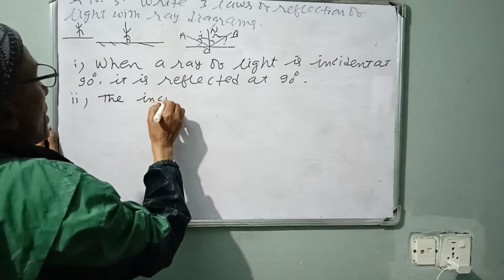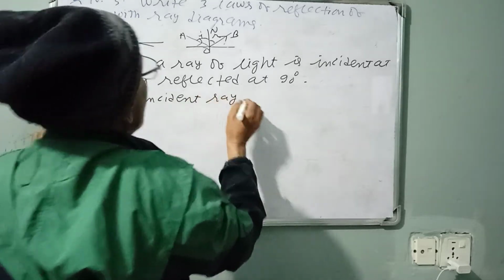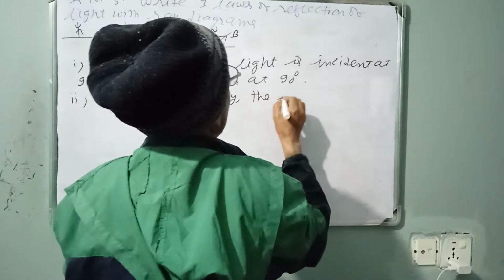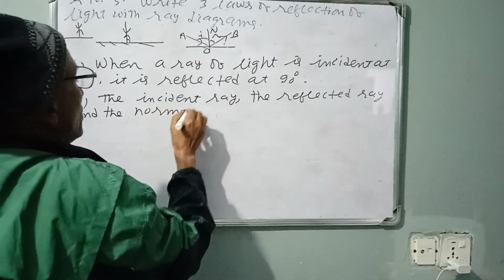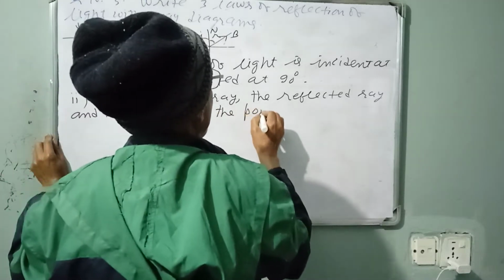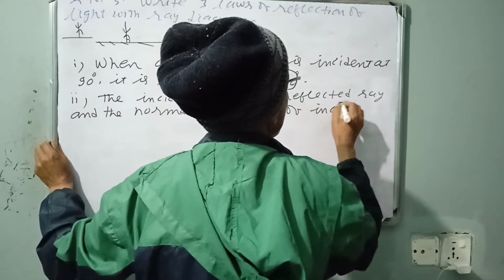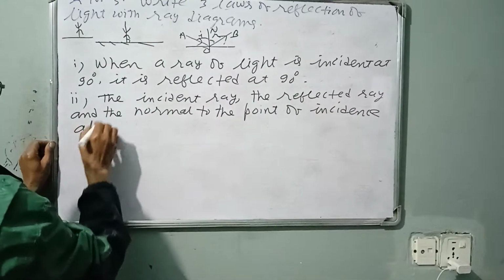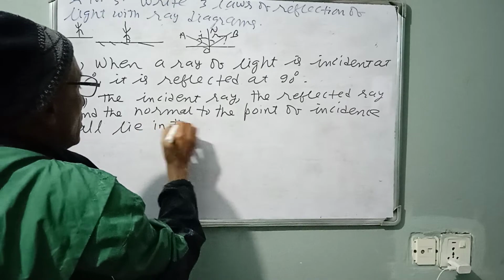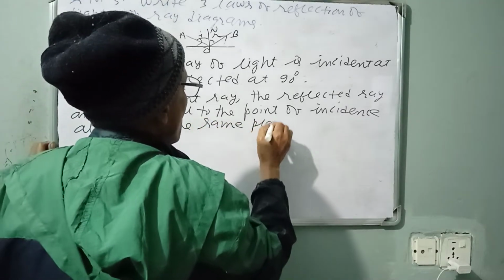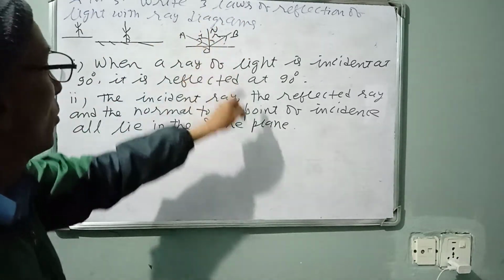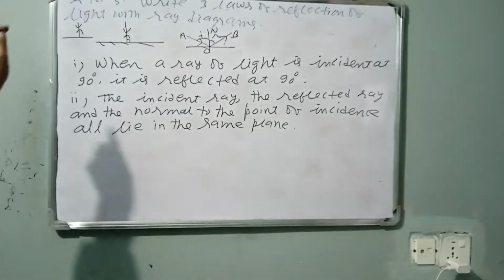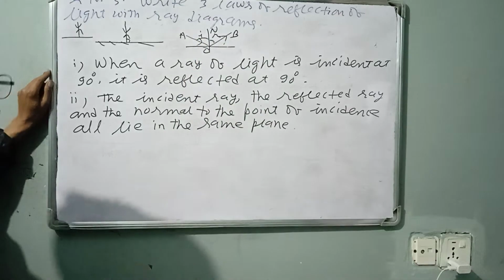The incident ray, in this case AO, the incident ray, the reflected ray and the normal NO to the point of incidence all lie in the same plane. AO, BO and NO lie in the same plane.